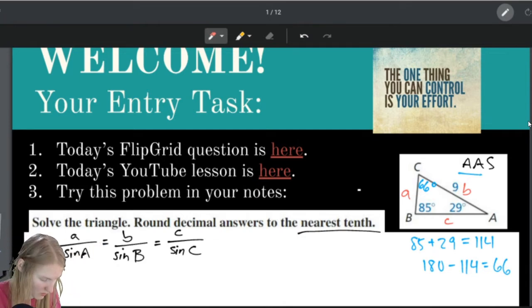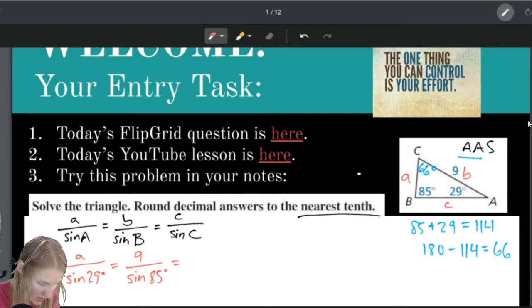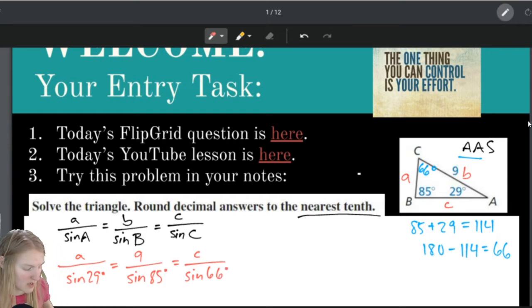So, I do not know what side a is, but I do know that angle A is 29 degrees. I do know that side b is 9, and the angle is 85 degrees. I do not know what side c is, but I know that angle C is 66 degrees.